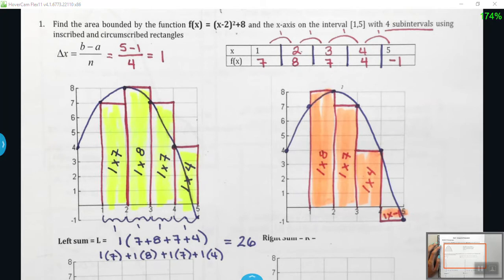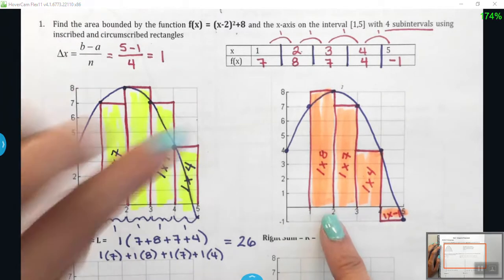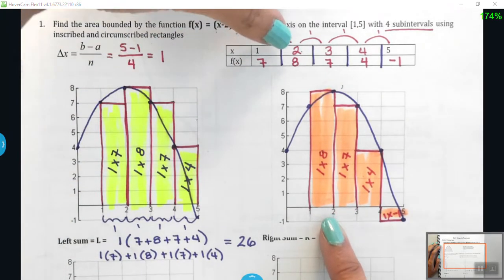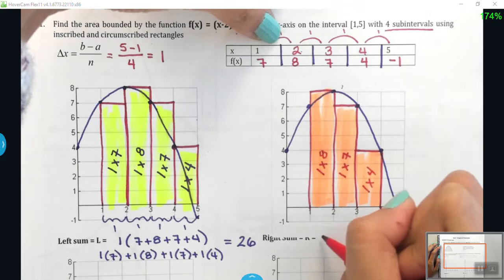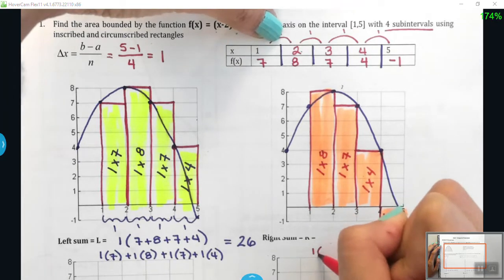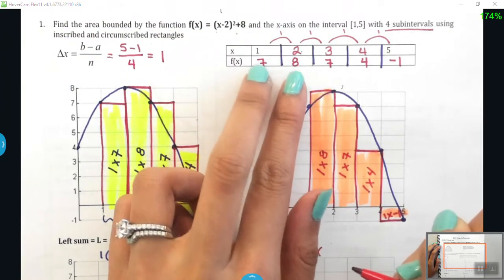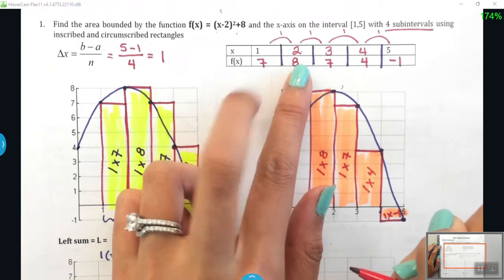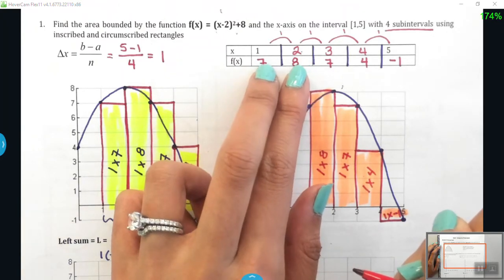Okay, so right sum. When you look at it from the table view, you would do an interval of 1 times, so you would look in between 1 and 2, and you would choose the right one of those two, so you would choose 8.